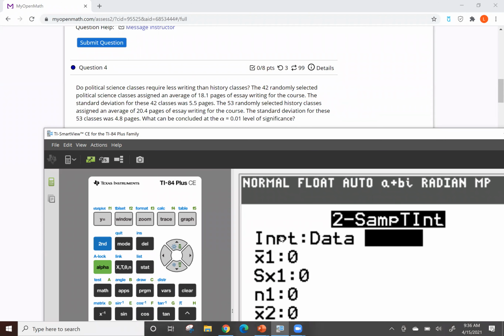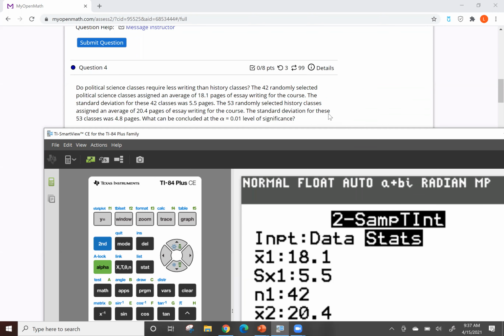The first average is 18.1 with a standard deviation of 5.5 and the sample size was 42. And the second average is 20.4 with a standard deviation of 4.8. And the sample size was 53.